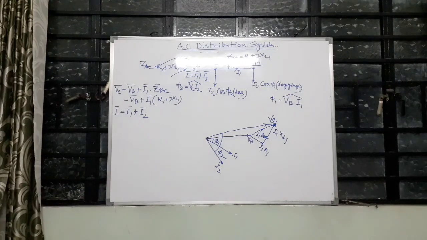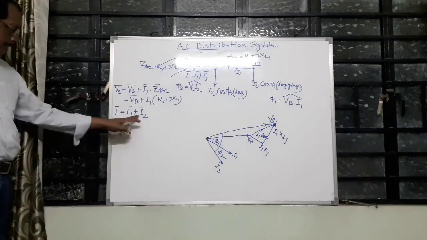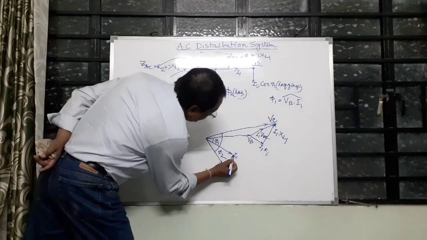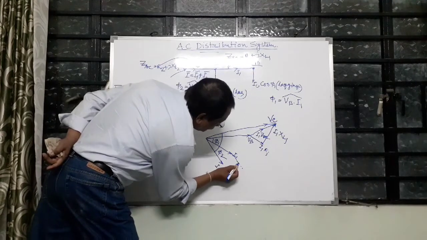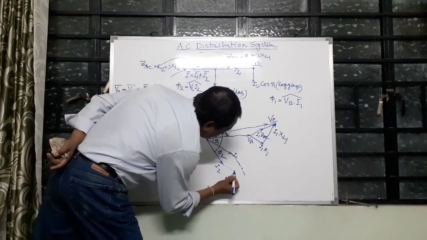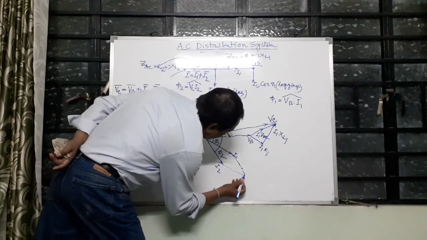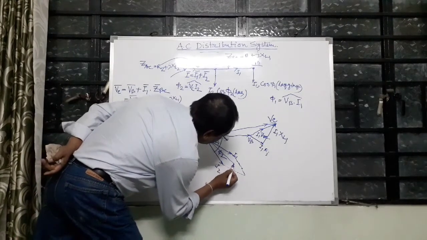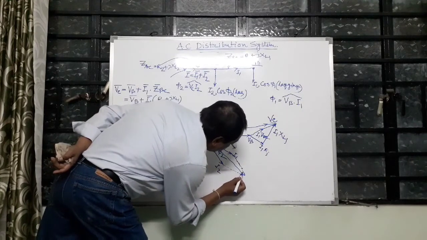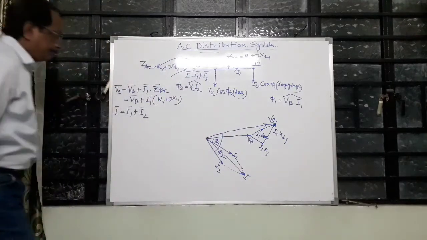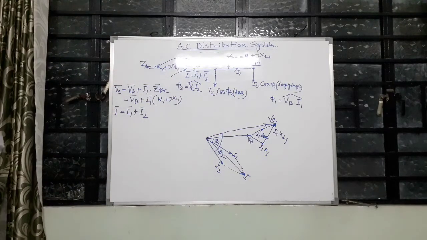We add I1 and I2 by drawing a parallelogram. This is I, the vector sum of I1 and I2.